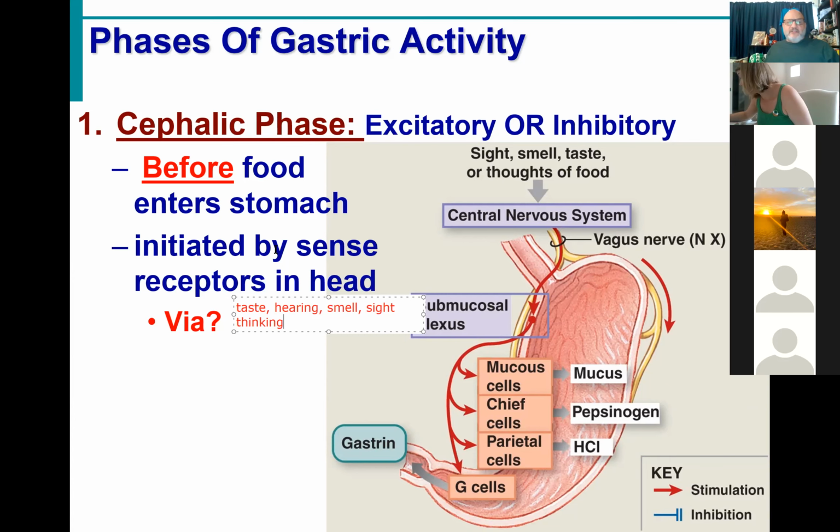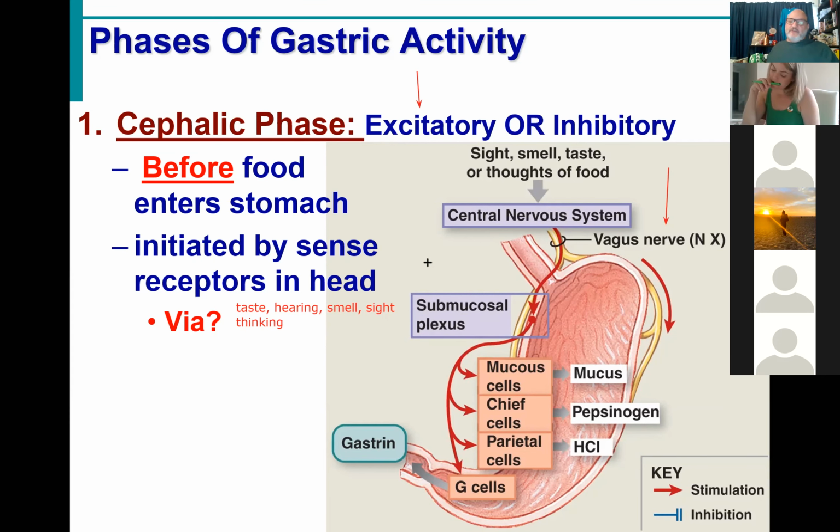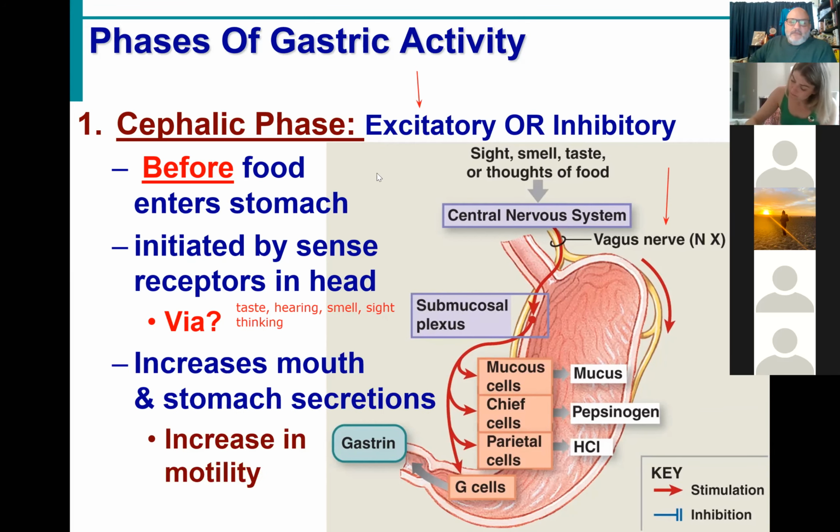And since it's excitatory, it is parasympathetic. As we talked about, that information primarily comes from the vagus nerves. It increases saliva production, so that's what's most obvious to us.